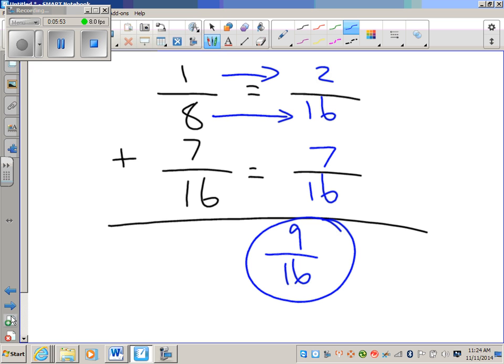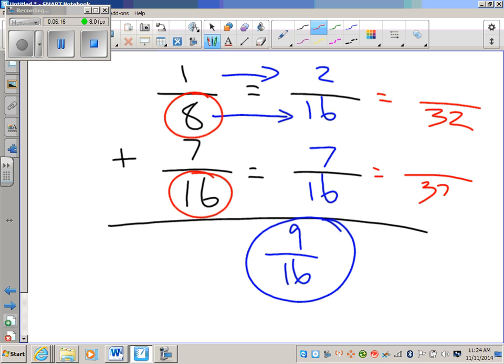Don't overthink this. Okay? Don't overthink it. Now, the other thing is this. Let's say, you don't have to write this down if you don't want to, let's say I'm looking at the 8 and the 16. I'm trying to come up with a common denominator, and I think that it's 32. Can we still get the right answer? Yes. Let's find out.